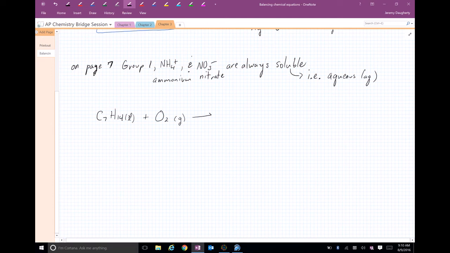Combustion reaction is always going to give me carbon dioxide plus water. So go ahead and try to balance this one.